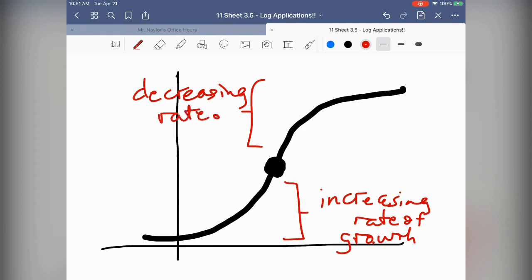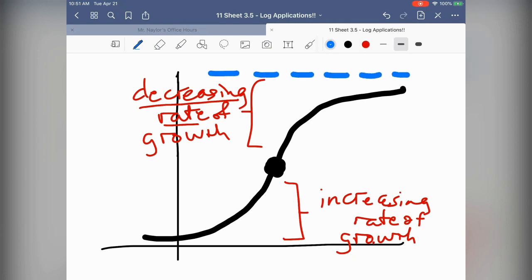Now, the reason we want to be careful the way we say this is because the graph is still going up, but it's slowing down. The rate is decreasing. And eventually, to a point where we discover that it's going to increase no more.